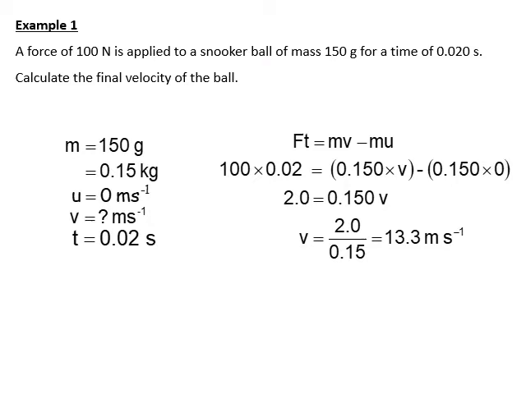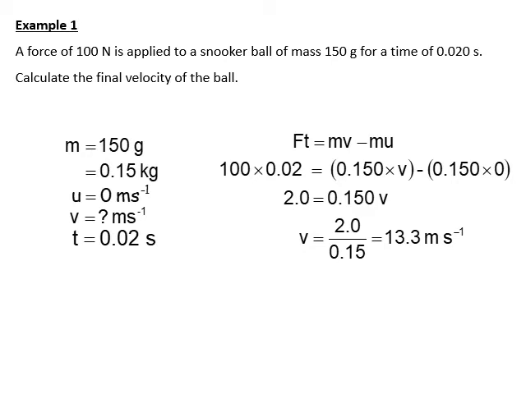So let's look at a problem here. A force of 100 newtons is applied to a snooker ball that has a mass of 150 grams for a contact time of 0.020 seconds. And we're asked to calculate the final velocity of the ball. So the unbalanced force is going to cause the ball to accelerate. We want to know what it's going to accelerate to.